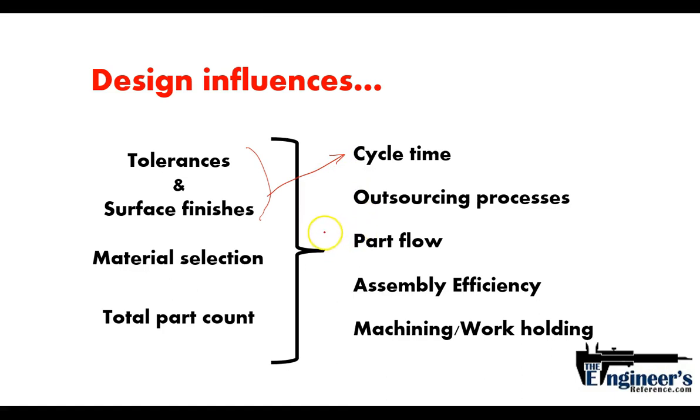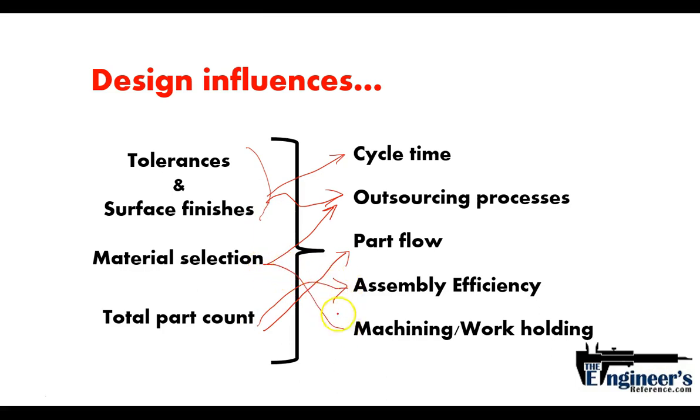Your outsourcing processes: did you end up causing some specialized process that needs to be used? Your part flow: did you cause your components to have to go through several different processes, backtrack, get reheat treated, reground, and remachined? Do these things impact your assembly efficiency?